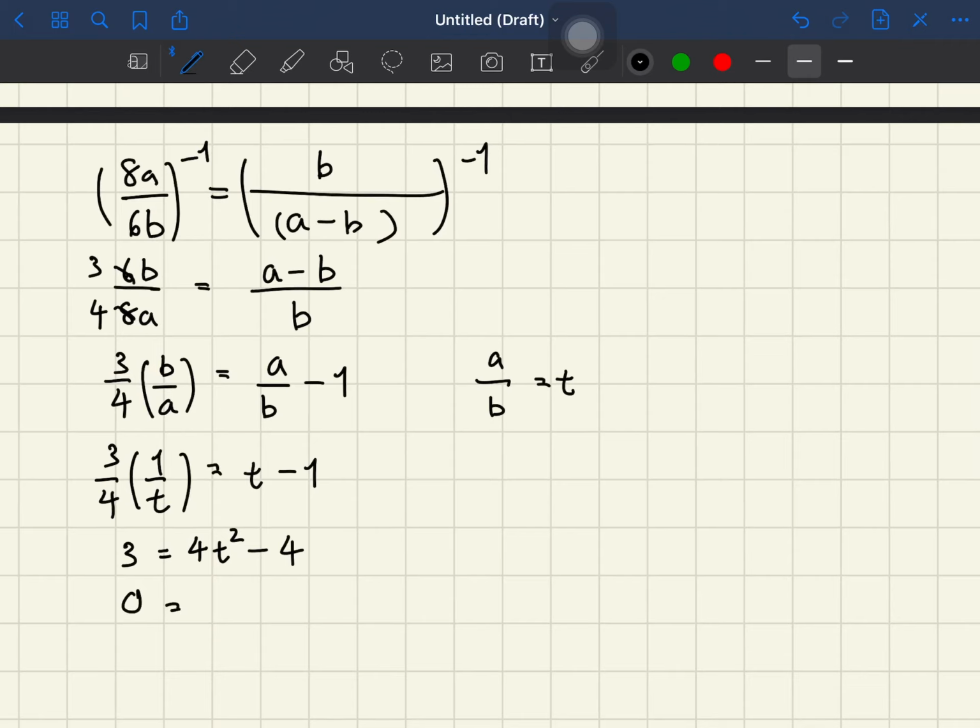And then you will have 0 equals 4t squared, sorry, it should be 4t squared minus 4t, and then minus 3. Then you can just factorize them out, resulting in this thing.